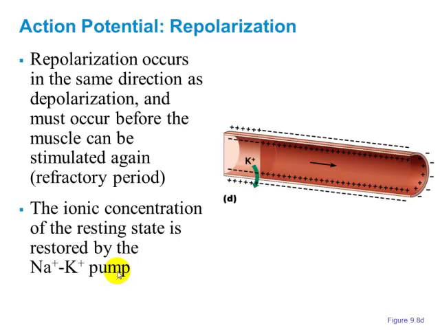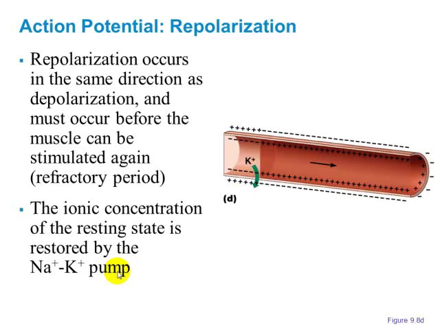If you don't remember what it is, go back to Chapter 3. We looked at the diagrams. What that pump does is it actively pumps sodium out and pumps potassium in to get us back to having that correct resting membrane ionic concentration. So we go back to having more sodium outside than inside and more potassium inside than outside.